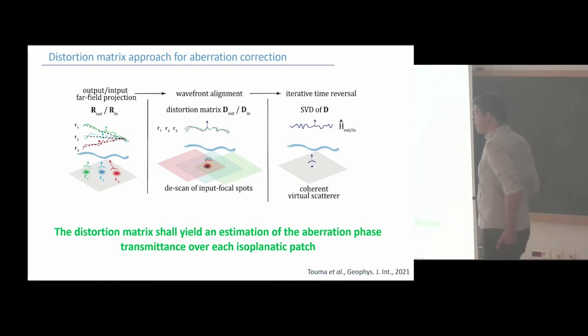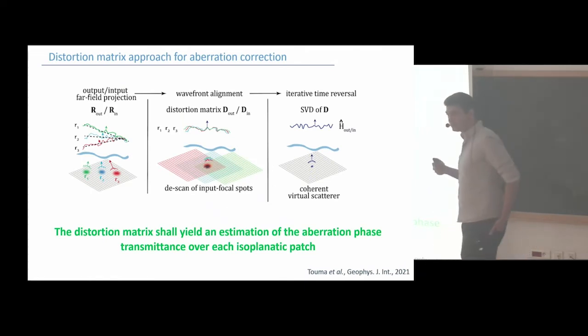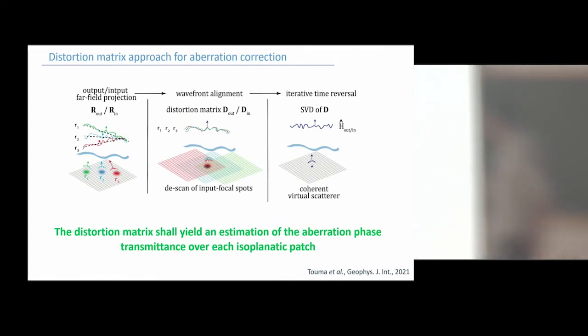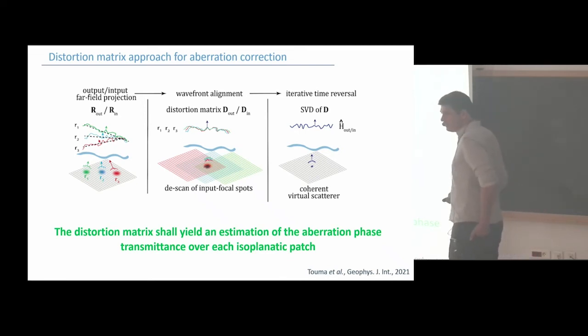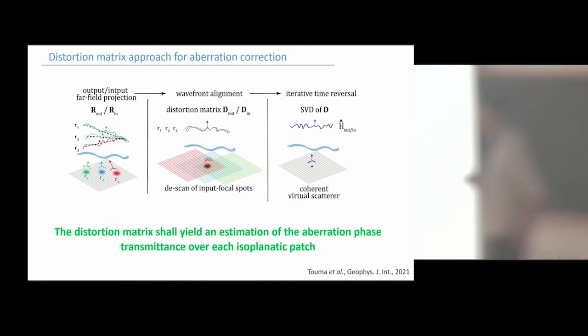To compensate for the aberrations, I do exactly the same thing as I did before for ultrasound, except that here I will not study the reflection matrix in a geophone basis, but I will project the data in the Fourier basis, the plane wave basis, because you often have a multi-layered wave velocity distribution in this kind of area.